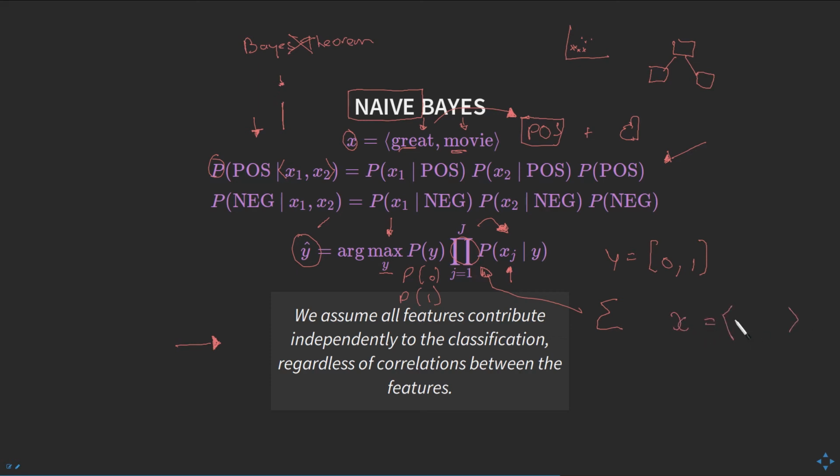The first word is j is 1, j is 2 is the second element, etc. And then we get the probability of that word given this one label. Then we do it for the other label, but we do it for all of the features that we have, all of the instances that we have.